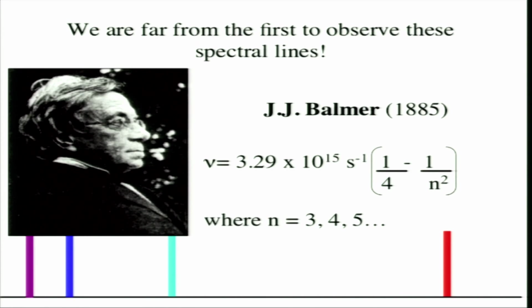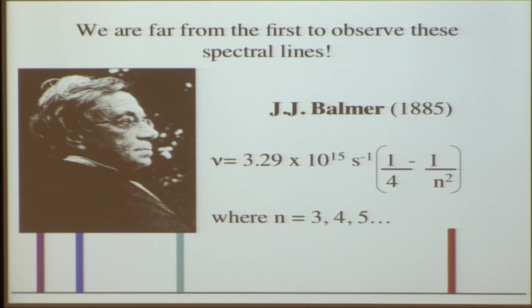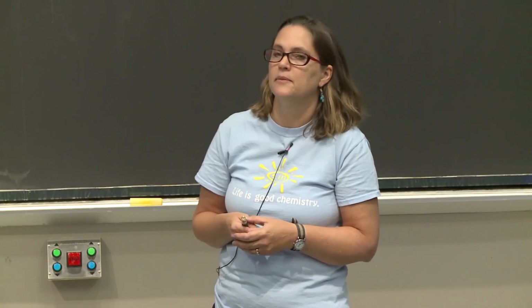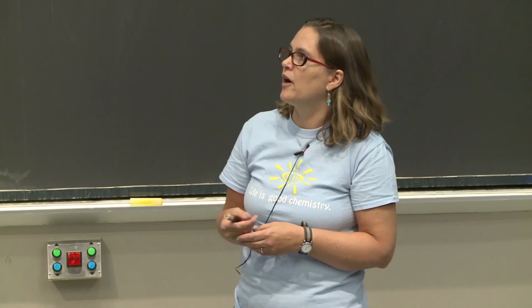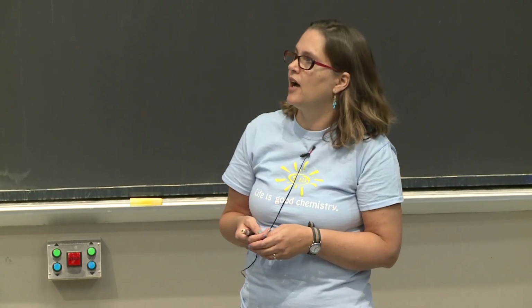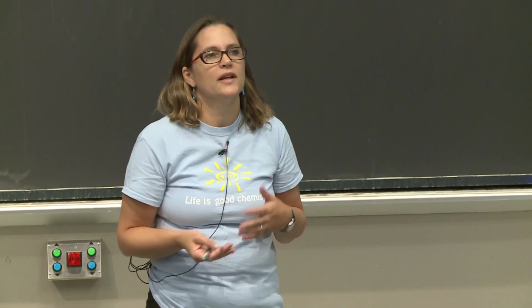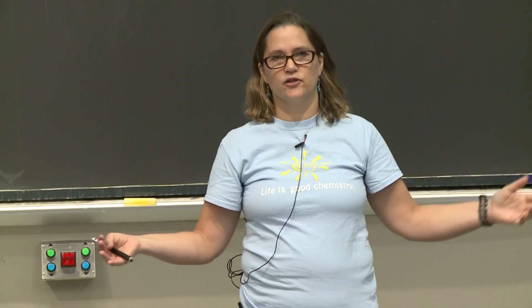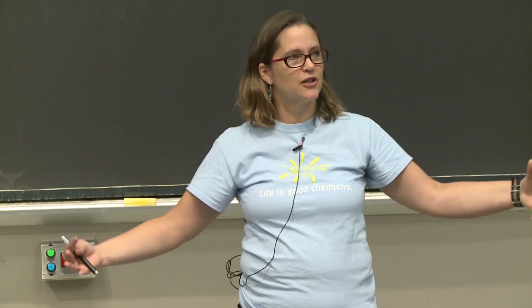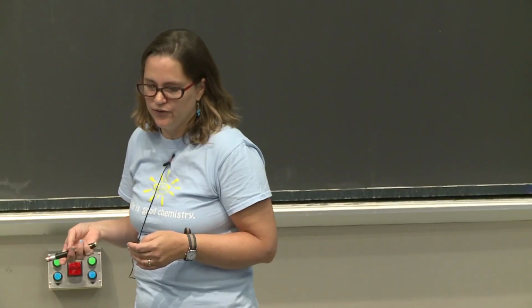He found that the frequency equaled 3.29 times 10 to the 15th per second times (1/4 minus 1/n^2), where n was either 3, 4, or 5. He really didn't understand the significance of this, but it was pretty. You had hydrogen in a sealed tube, and there were colors that came off, and they had frequencies. So that's kind of where that stood for a little while.